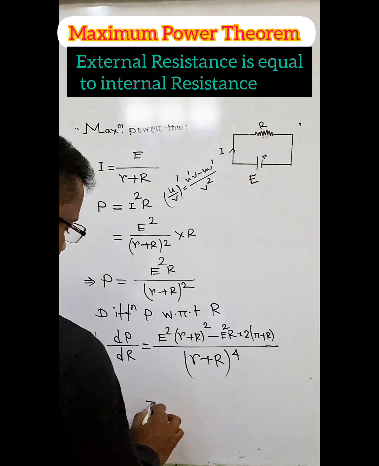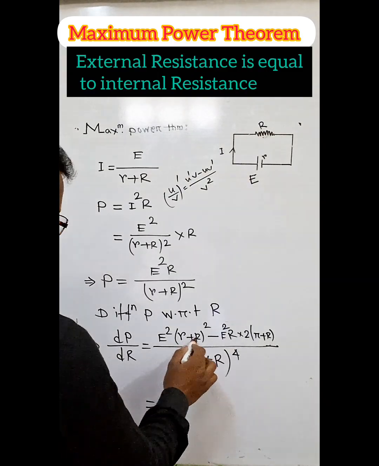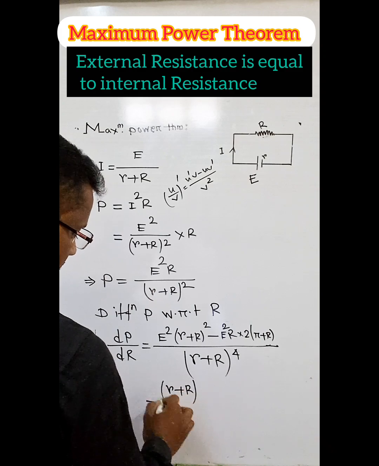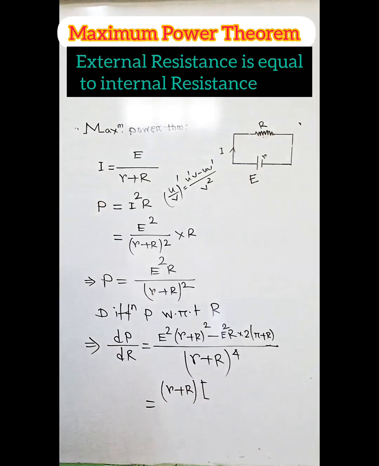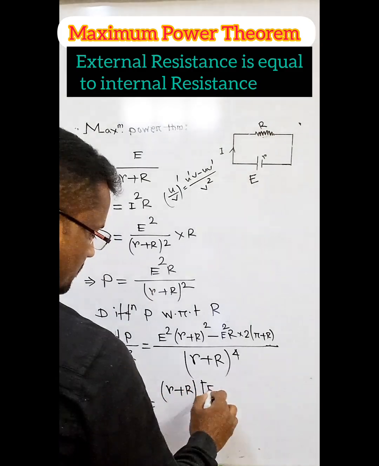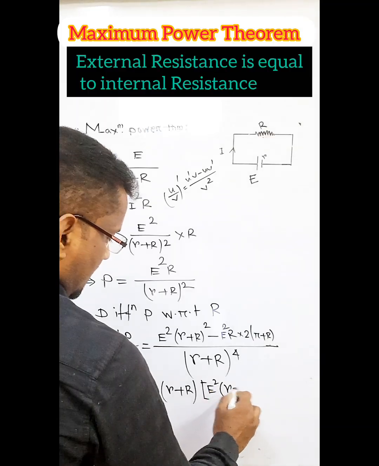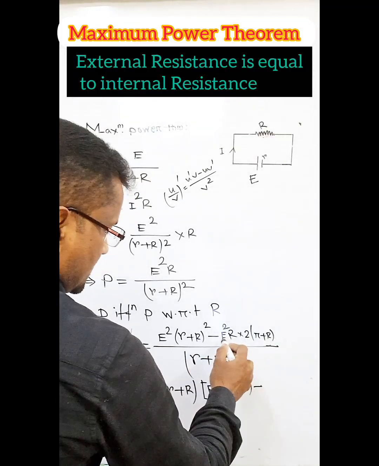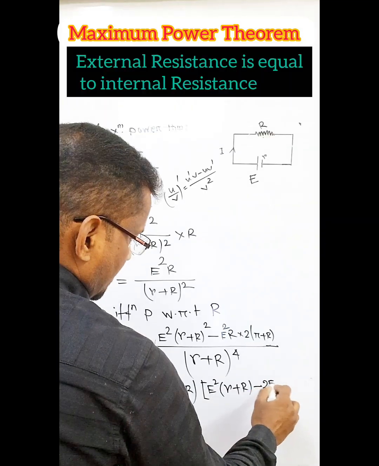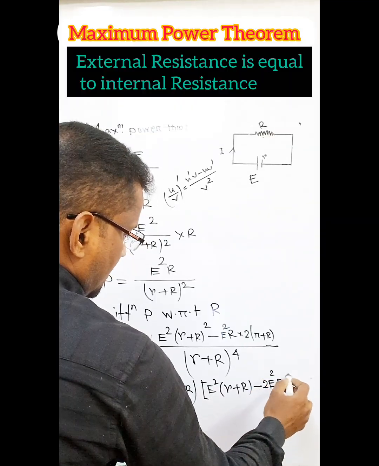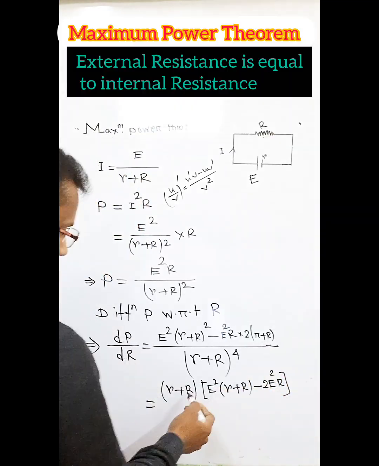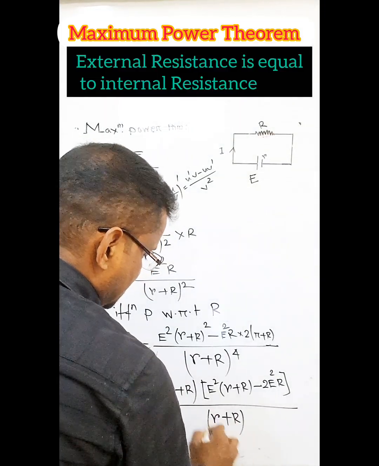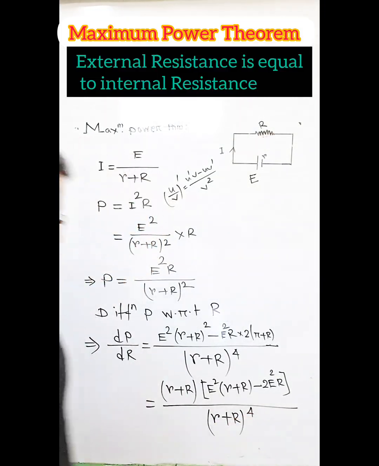Now let us simplify this. (r plus R) is common here, so you can take (r plus R) common, into E square times (r plus R), one factor will be left, minus twice E square R, whole thing divided by (r plus R) whole to the power 4.